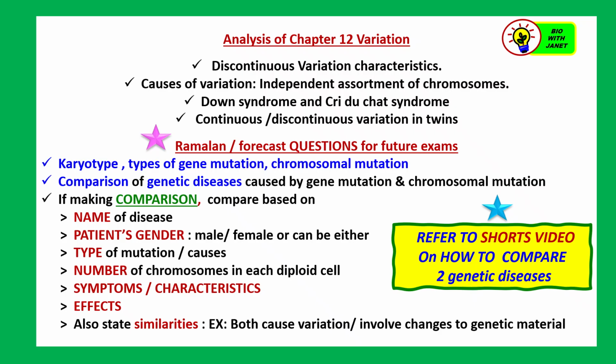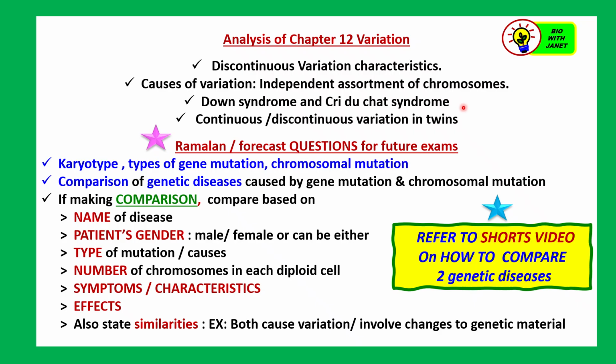Now, here's a brief analysis of some questions that have been asked in the exam from Chapter 12, Variation from Form 5 syllabus. So, year 2021, discontinuous variation characteristics and causes of variation such as independent assortment of homologous chromosomes, okay?